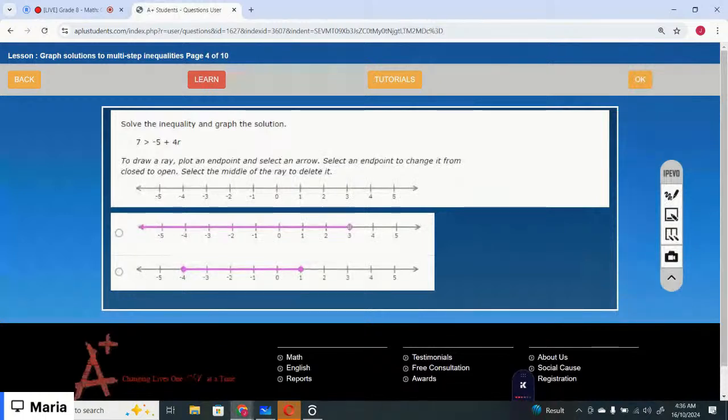Solve the inequality and graph the solution. So which is the correct option? You need to add 5 to both sides, right?